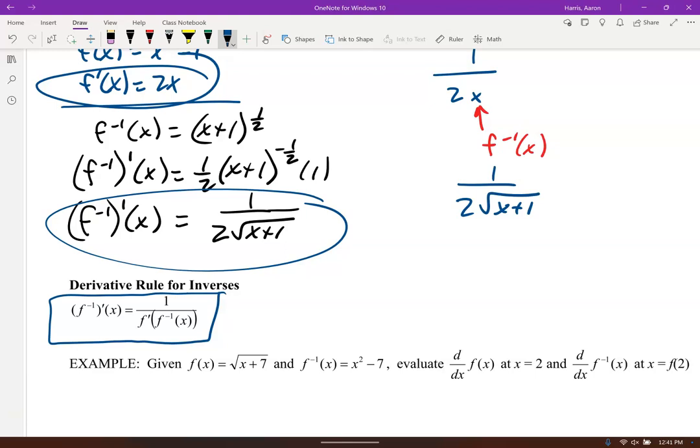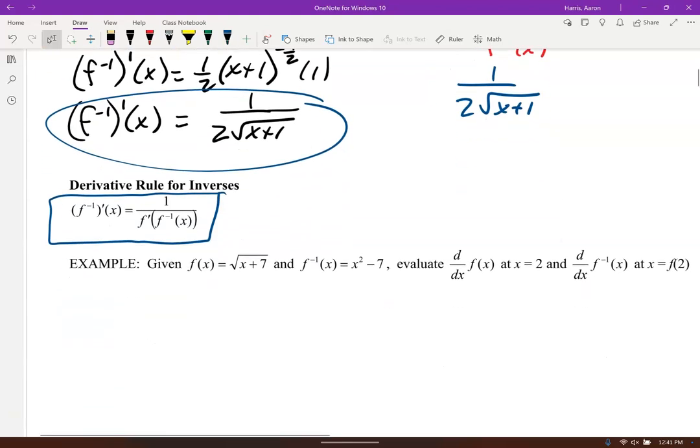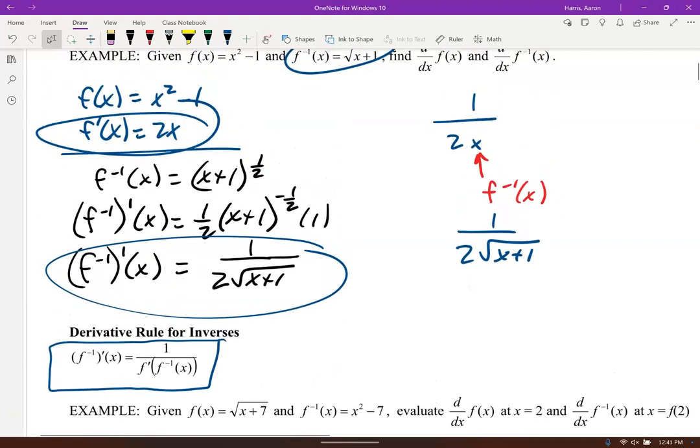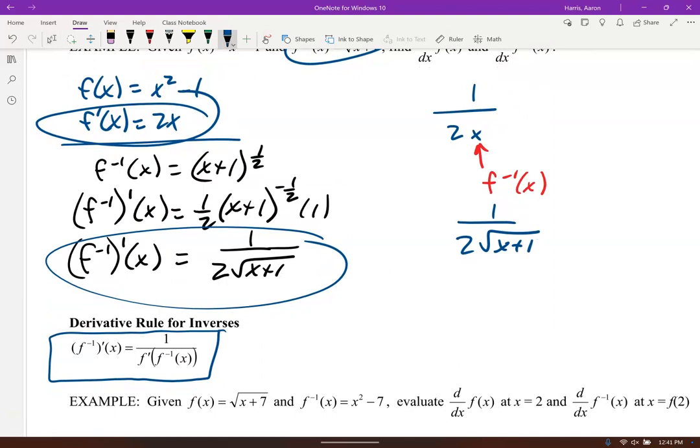Okay. And so let's go ahead and do that, and then we'll evaluate it. And remember with inverses, if your original function is f of x equals x squared minus 1, let's say you plug 1 in. So you get f of 1 is 0, right?